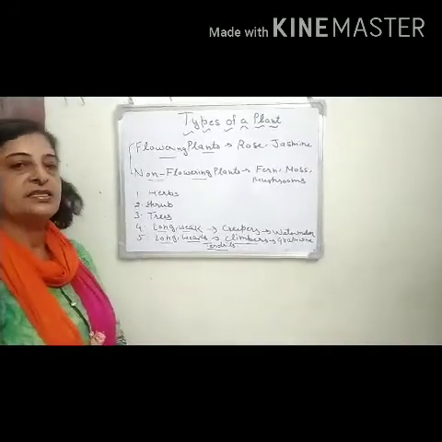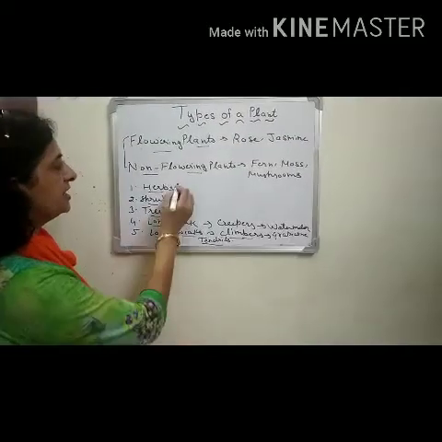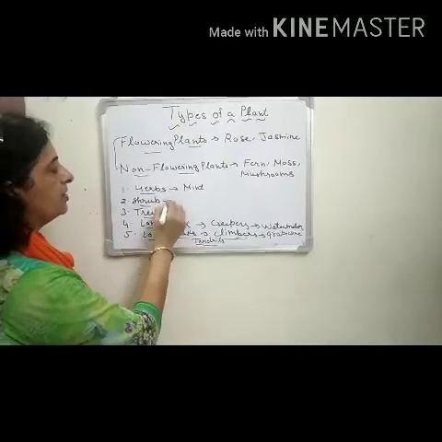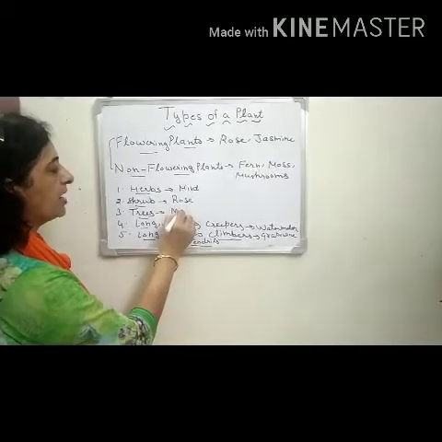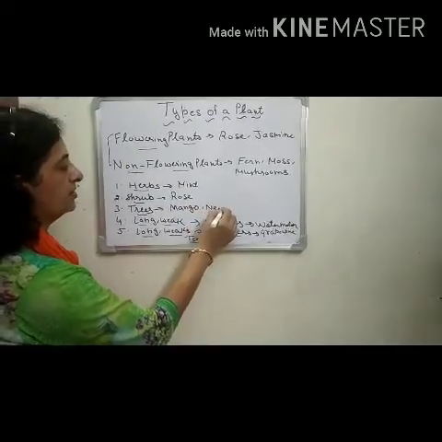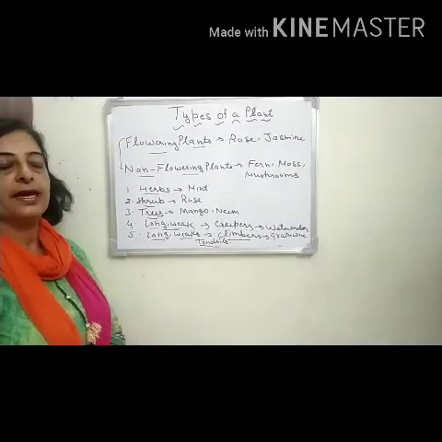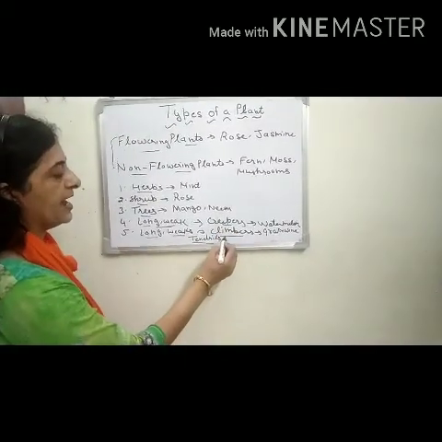And on the basis of size, there are three categories: herbs, shrubs and trees. Herbs like mint, shrubs like rose plant, and trees like mango tree or neem tree. And those plants which have long and weak stems can be categorized into two categories: creepers and climbers.